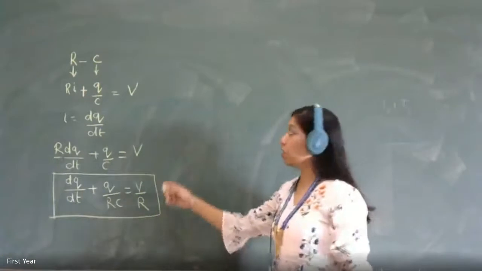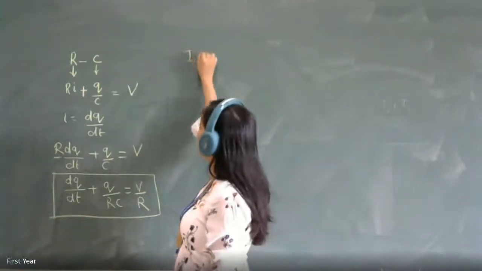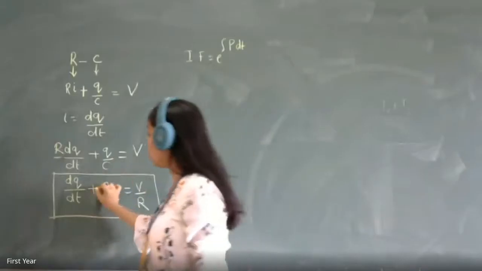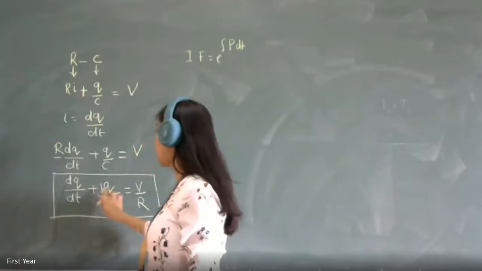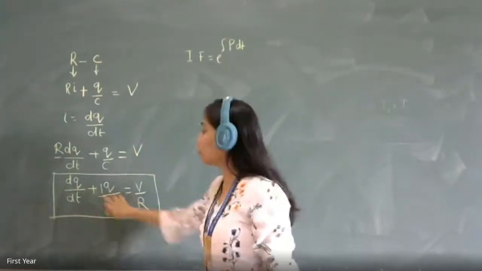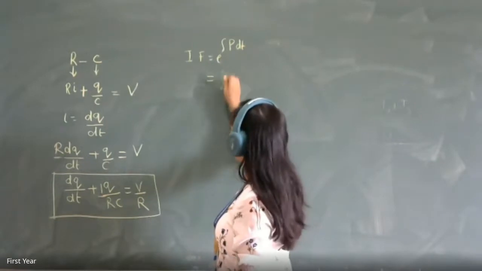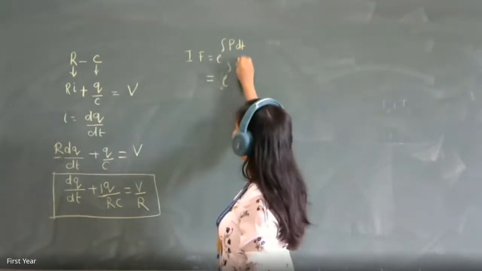Once it is linear, your integrating factor is e raised to integration of P dt. What is P? It is 1 upon RC, the coefficient of the linear variable. So it is e raised to integration of dt by RC.